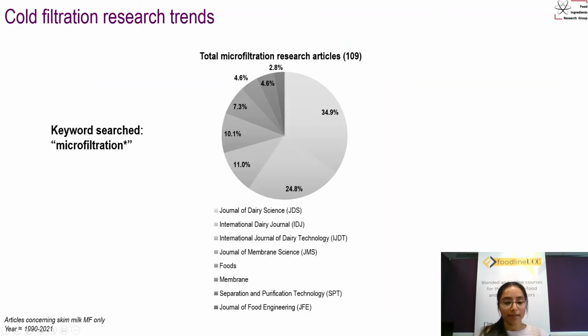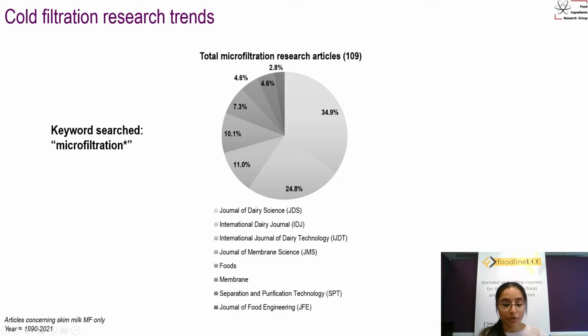So all the pointers I highlighted here are identified from the research articles I reviewed to conduct the survey on cold filtration research trends. For that, I surveyed 8 scientific journals that are largely relevant for publishing dairy science research. I searched the keyword microfiltration, and surveyed the articles most closely linked with skim milk microfiltration.